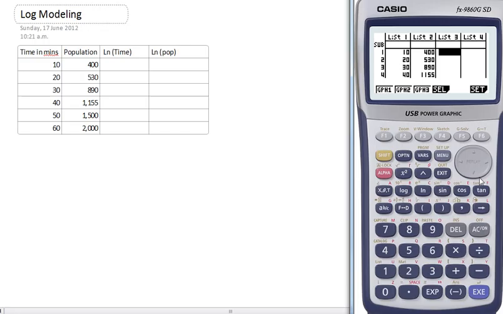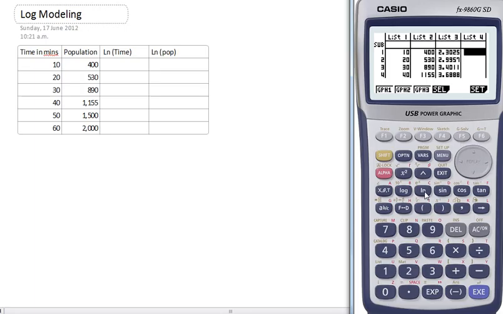Now you're going to use the ln button pretty much all the way through this standard, even though it says log. Okay, we're going to use ln, so I'm going to do ln of 10, ln of 20, ln of 30, ln of 40, ln of 50, and ln of 60.